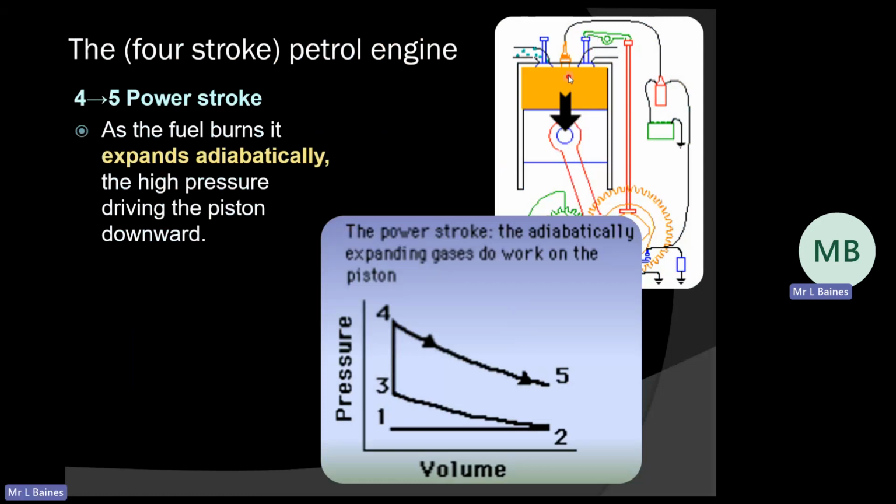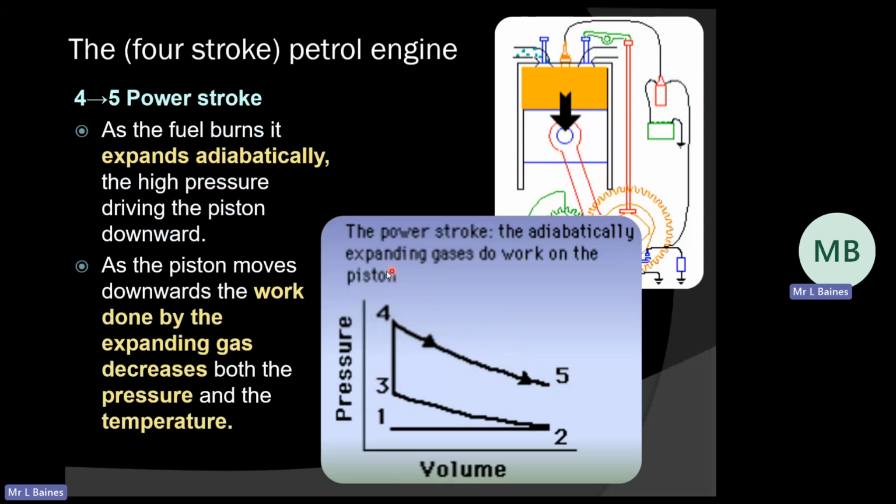As it expands, the volume increases and my pressure decreases, because the gas is doing work to push that piston down. My gas expands, therefore my pressure and temperature are both going to decrease, and that's what I can see on this diagram here. So we're quite a way through now.